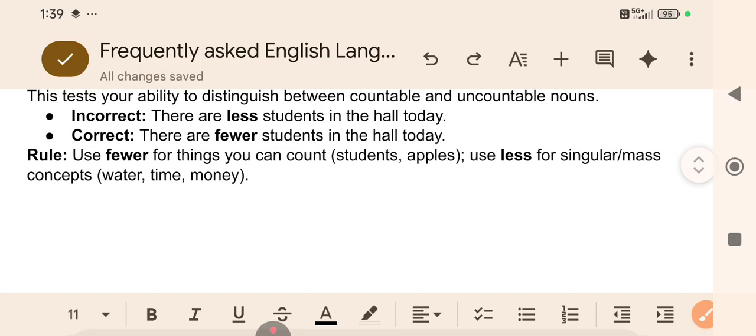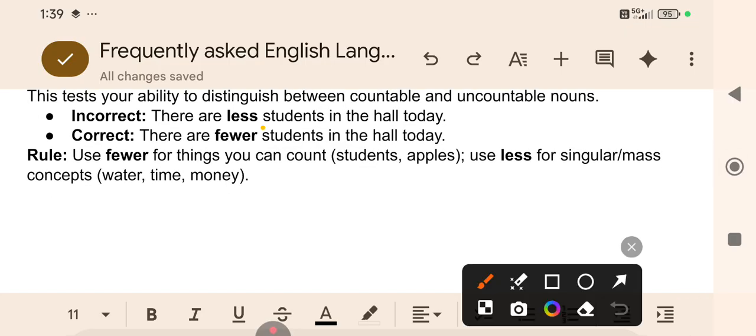So students are countable, right? And that's why less is wrong. It's not befitting here. So what's the correct? Few. So there are few, fewer, fewest. There are few, a few, the few. There are fewer students in the hall today, right?